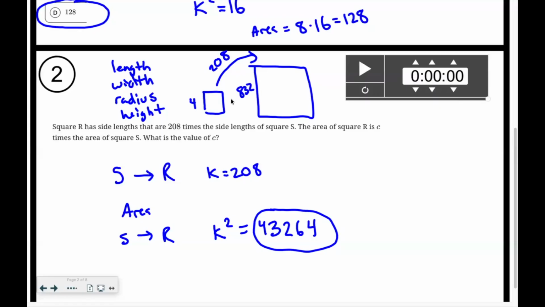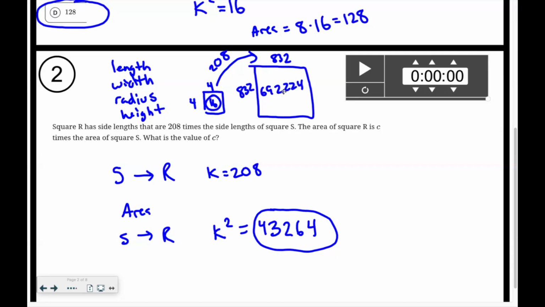Okay. And anytime they're talking about area, the area ends up getting multiplied by the scale factor squared. Instead of choosing values, we could have done it this way: 4 and 4, 832 and 832. This area is 16. This area is 832 times 832, which is a huge number.